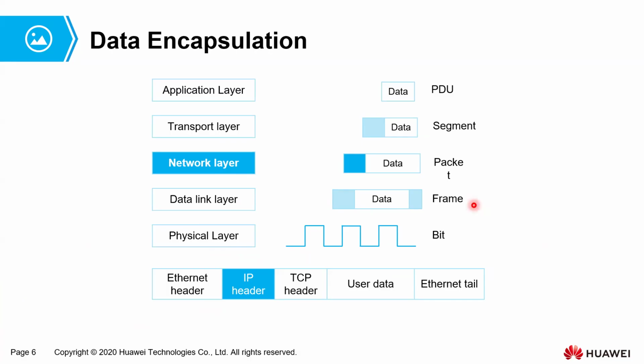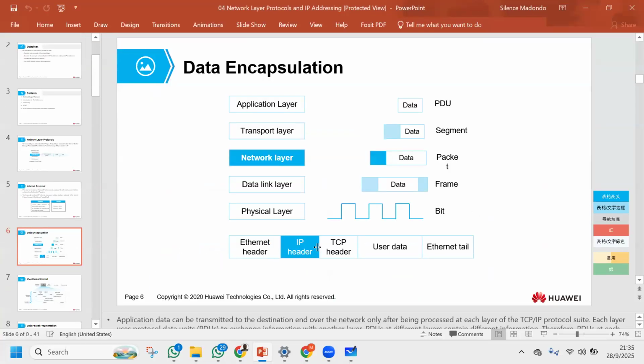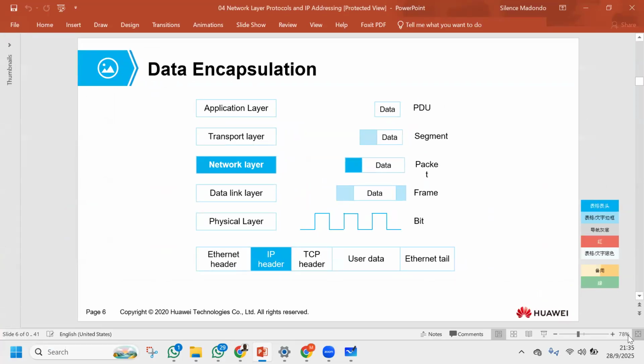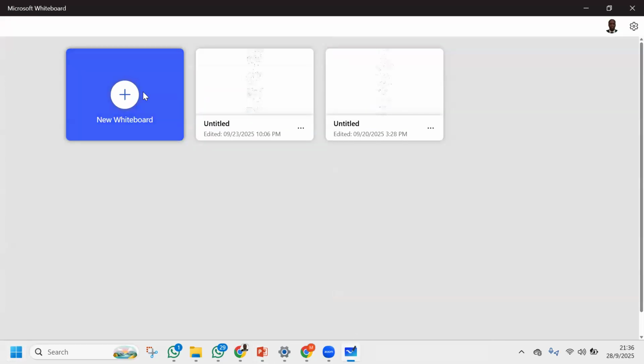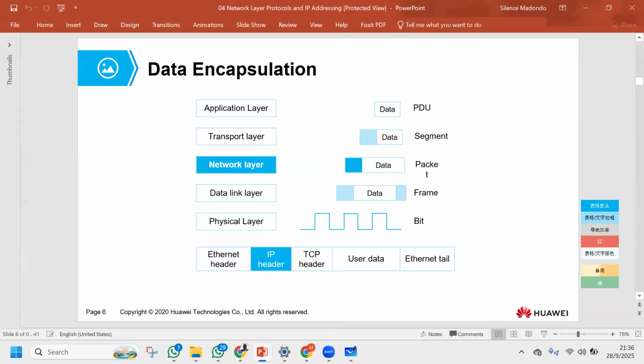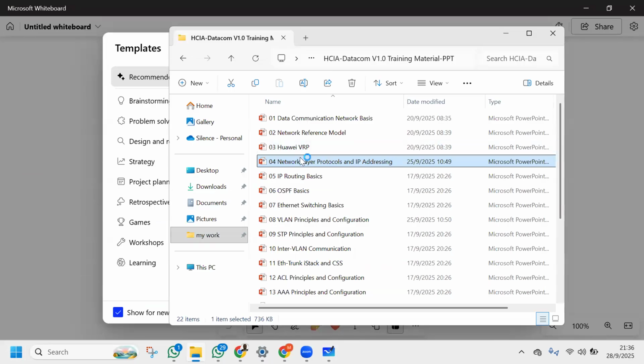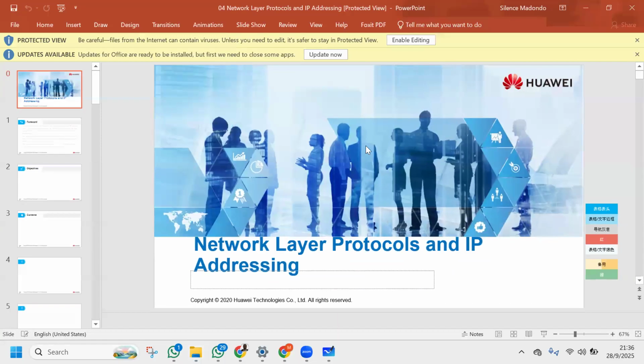I need to write on the screen, just a minute. I think I didn't enable editing.